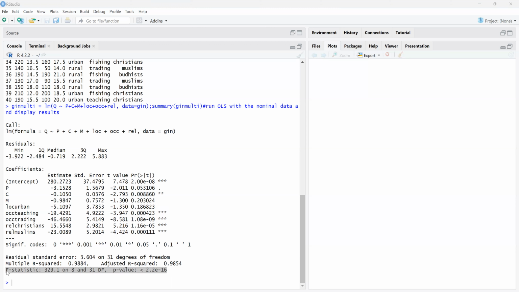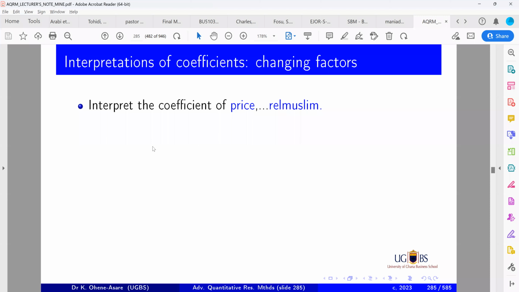Now, let's go to how to interpret regression coefficients. Interpretation of regression coefficients. Now, of the independent variables, some of them are static variables, which means they are dummy variables. Others are continuous variables, or numerical variables. The numerical variables are dynamic.